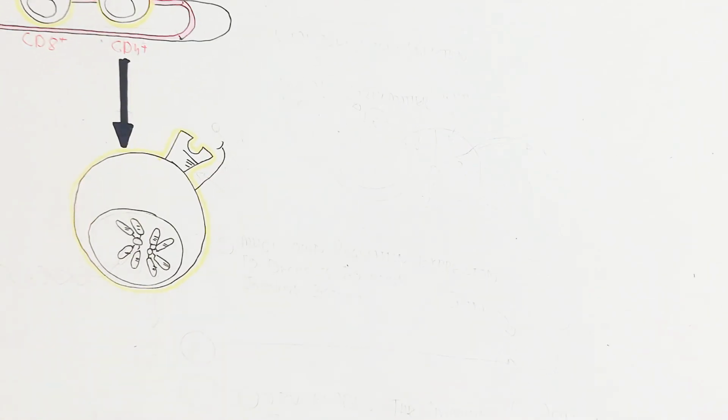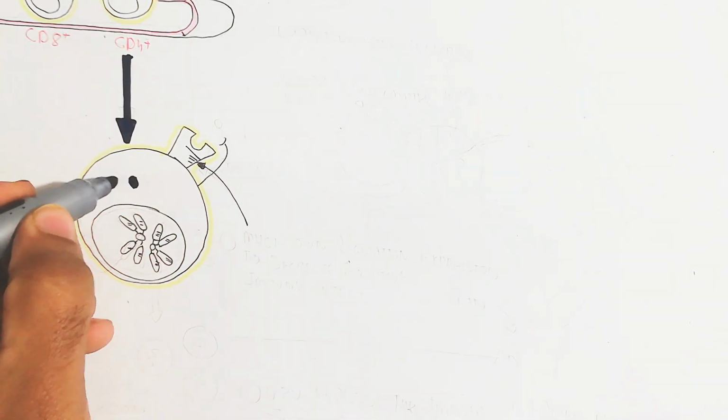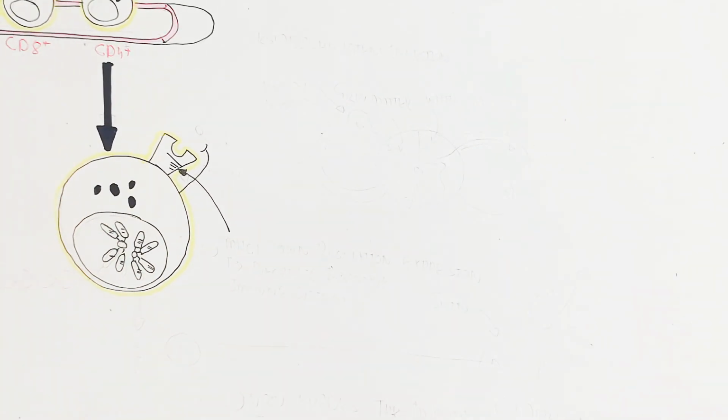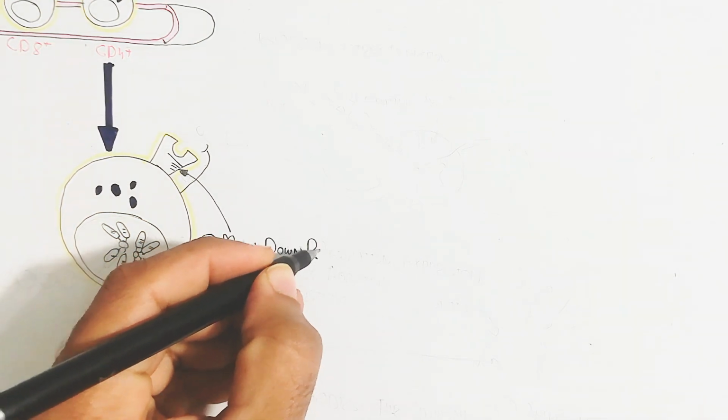So it contains MHC class 1 molecule. In fact, this virus will lead to down regulation of expression to decrease the adaptive immune system.